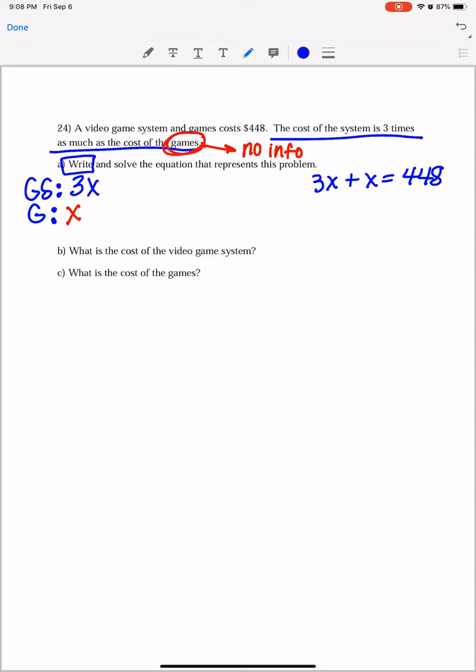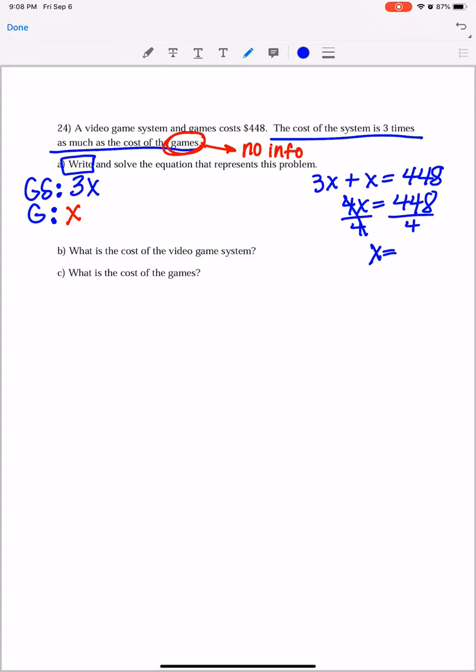So now let's solve it. Let's get x by itself. The first thing we need to do is combine like terms. 3x plus x gives me 4x. So you get 4x equals 448. Divide by 4.